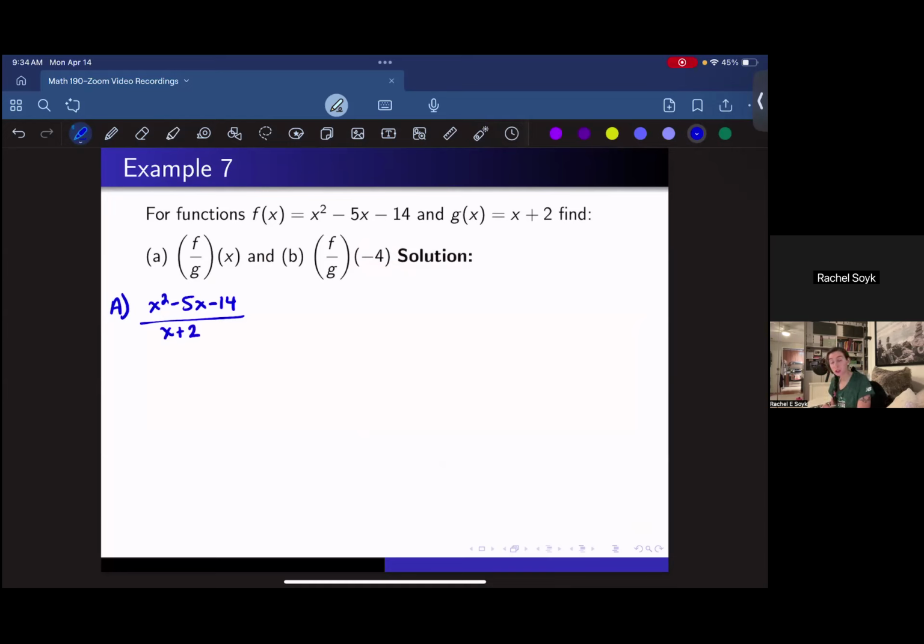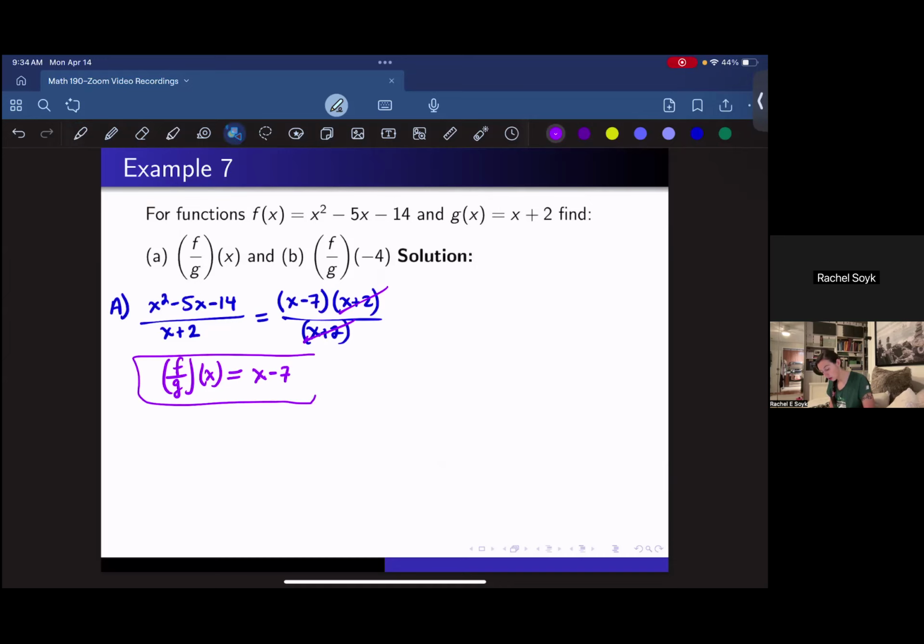And you can use long division here, but what do we notice? Can we factor that numerator? This can be factored into x minus 7, x plus 2, right? All divided by x plus 2. Saves us a whole lot of time, because then the x plus 2's cancel out, and we're just simply left with x minus 7 as our result.